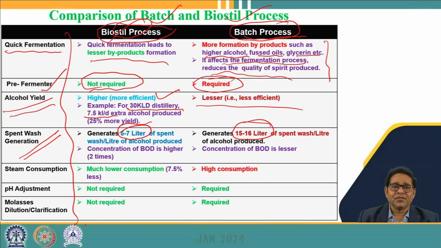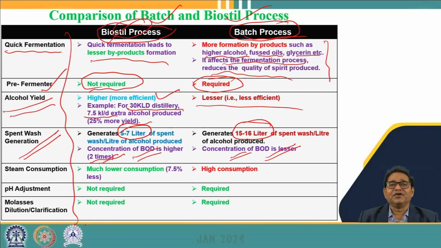Similarly, the characteristics are reversed. The biostill process gives a high-strength wastewater: the BOD and COD concentration is around 2 times the concentration of the spent wash generated from the batch process.